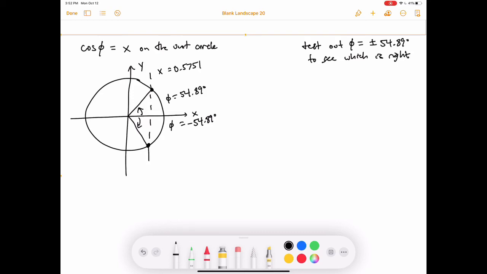So the way we're going to test this out is by using the velocity function. So remember, velocity as a function of time is minus A times omega sine of omega t plus phi. And if we plug in 0 to that function, we get minus A times omega sine of phi. So here's the idea. Plug in positive 54.89 degrees.